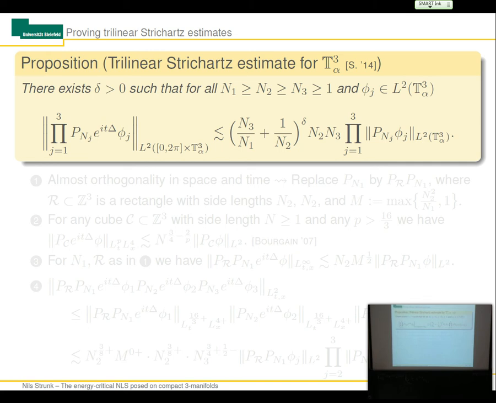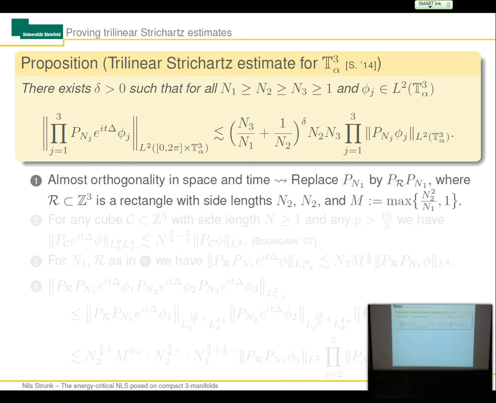And again, recall that n1 is the highest frequency and n3 is the lowest frequency. Now, first, by almost orthogonality in space and time, the situation looks as follows. First, the spectral projector Pn1 tells us that the function e to the I delta phi 1 is located in an annulus of a very big size, of size n1 actually.